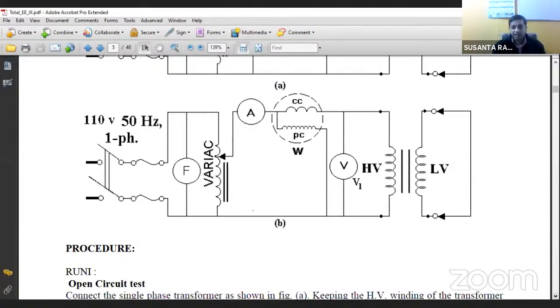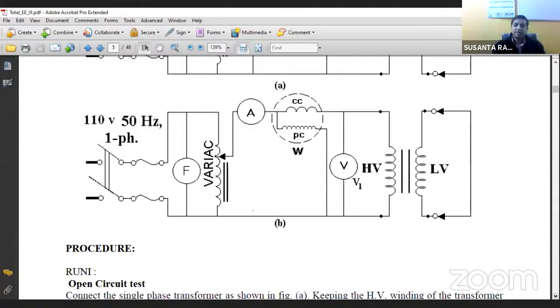Now here we are connecting all these meters at the high voltage side, because at the high voltage side of the transformer the rated current is low. From V1 I1 equals V2 I2, you can say that the low voltage side current is high and the high voltage side current is low.